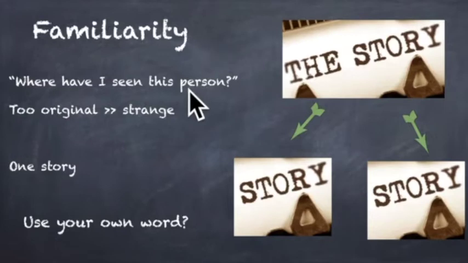And I'm pretty sure in your English classes, your teachers have told you to write an essay or write something using your own words. So maybe the teacher might say, write something original. But in fact, there are no stories that are original. All stories are based on something. All stories are based on other stories. For example, Harry Potter. The idea of magic is not original to J.K. Rowling.